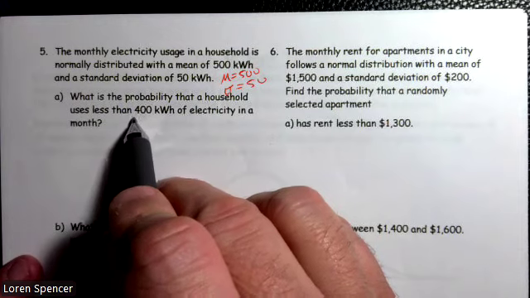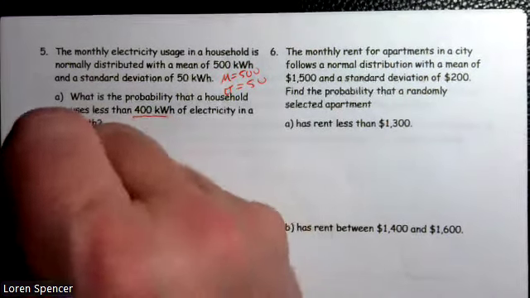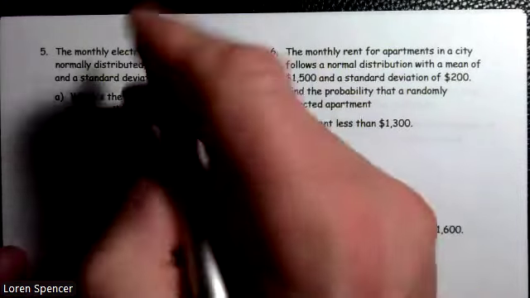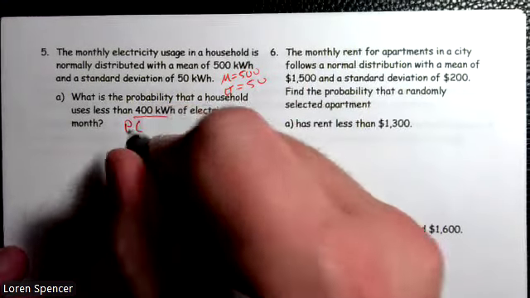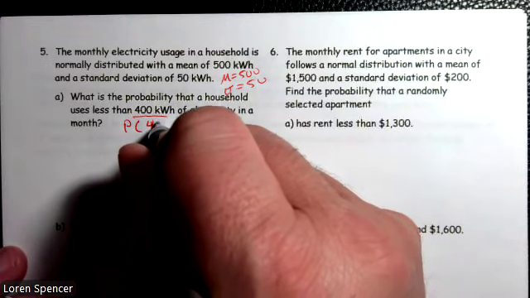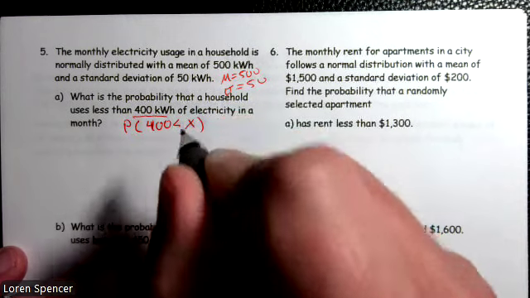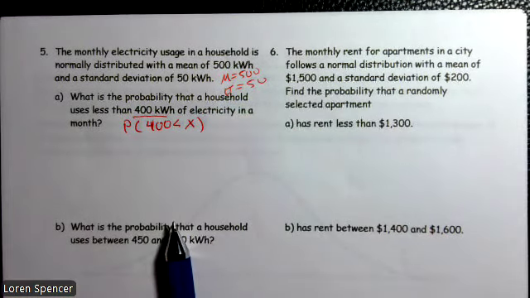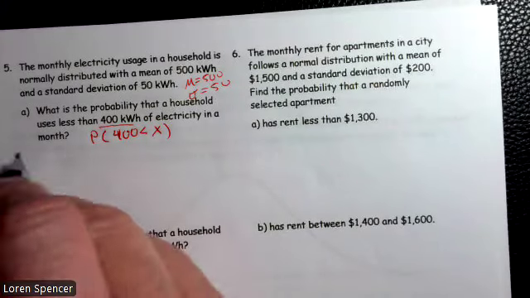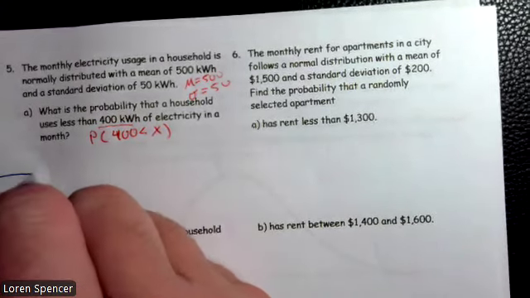What is the probability they use less than 400? So we want the probability that X is less than 400. All right, so drawing out my normal curve.